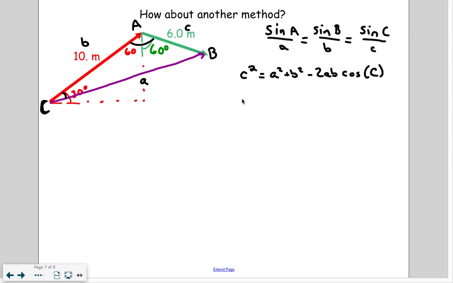So I'm just going to plug in from here. My c squared is going to be 6 squared equals my a squared, which is an unknown, plus my b squared, which is 10, minus 2... Actually, do I want to do this one?